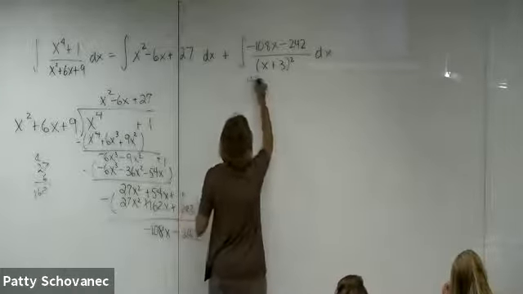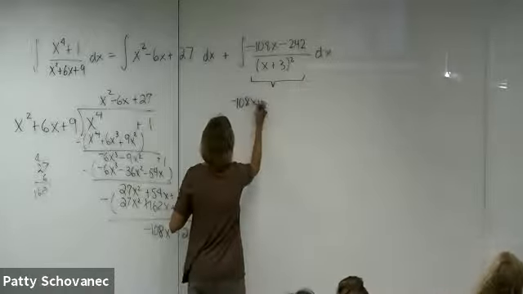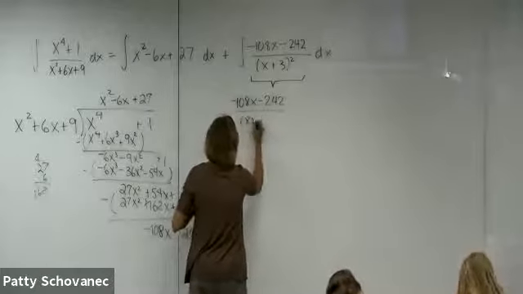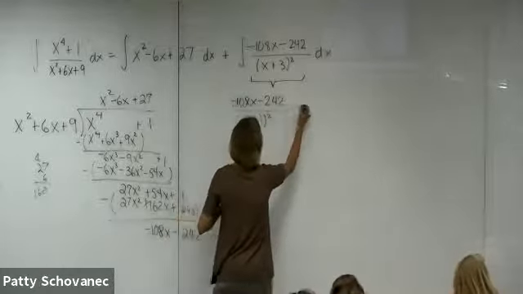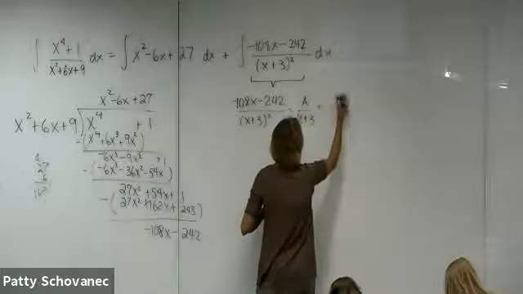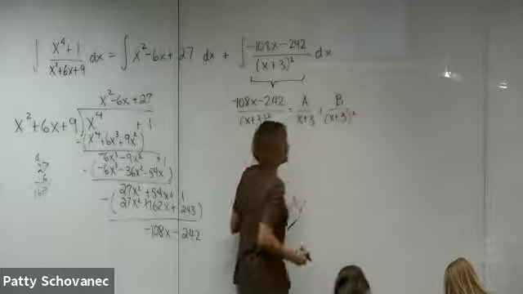So we're going to break this up as something over x plus 3 plus another something over the x plus 3 squared.